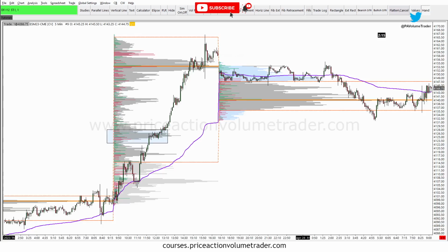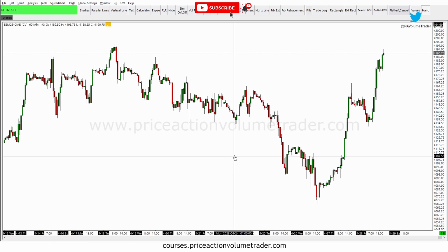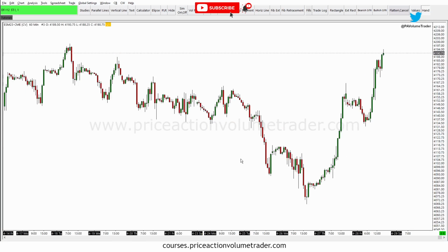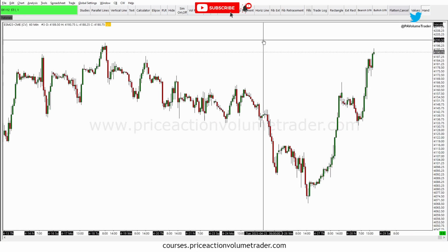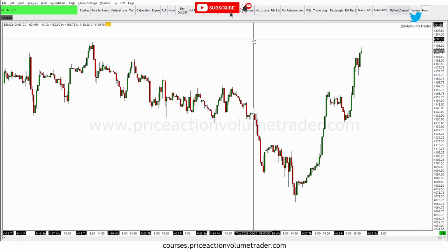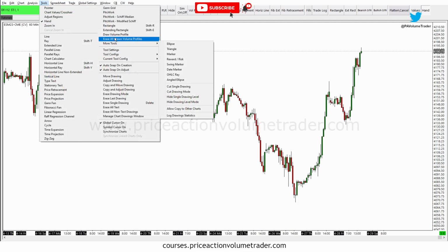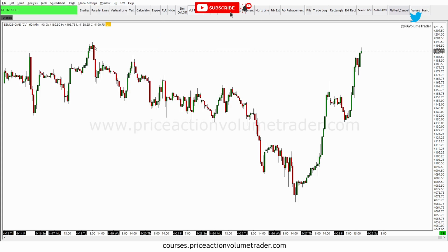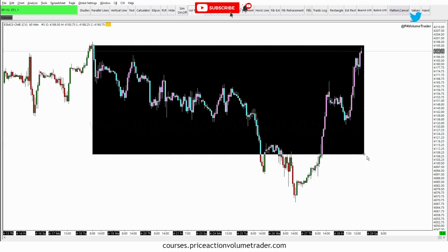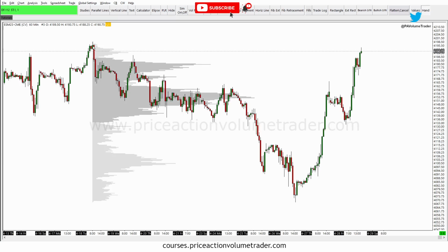Okay, so very quickly, this is going to be specifically for Sierra Chart, how you can apply your own delta volume profile. I just go here to tools and take my draw volume profile tool. Let's say I want to profile from this high up to the end of the chart. Now I have my profile.